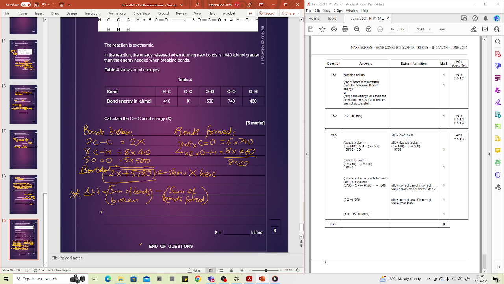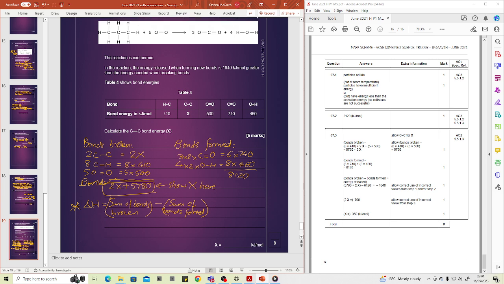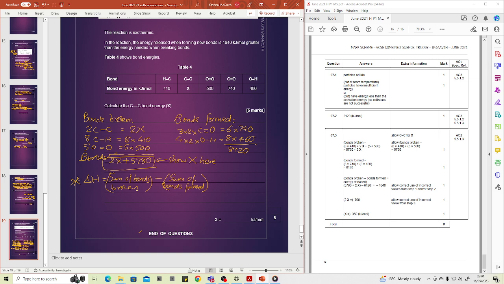Okay, so then, what is the total? In this reaction, the energy released when forming new bonds is 1,640 kilojoules per mole greater than the energy needed. Well, that is lovely of them to tell you it like that rather than the overall energy change equals, but we do understand, they're trying to test that we understand.